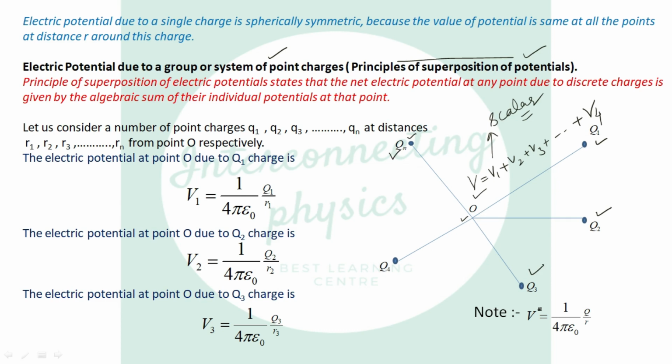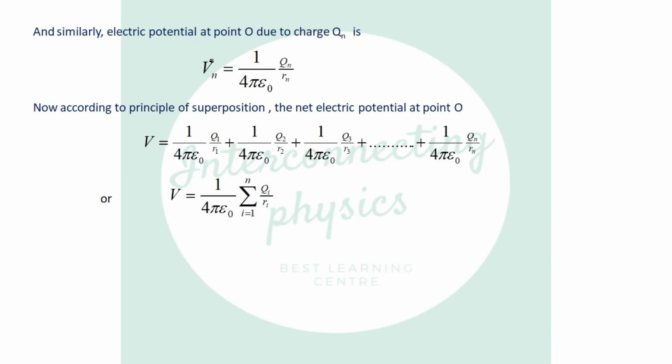And the formula we use here is 1 over 4 pi epsilon naught Q by R. So the electric potential at point O due to Q1 will be V1 equal to 1 over 4 pi epsilon naught Q1 over R1. The electric potential at O due to Q2 will be V2 equal to 1 over 4 pi epsilon naught Q2 over R2, and due to Q3 it is Q3 over R3, and similarly, so on, Vn is equal to 1 over 4 pi epsilon naught Qn over Rn.